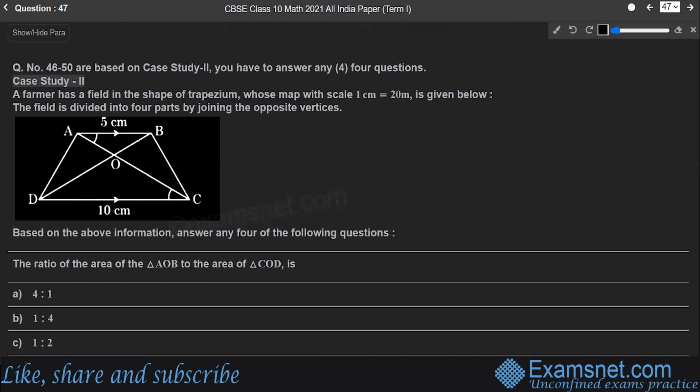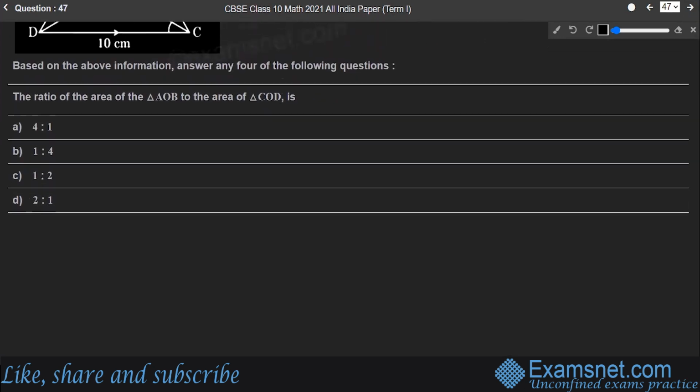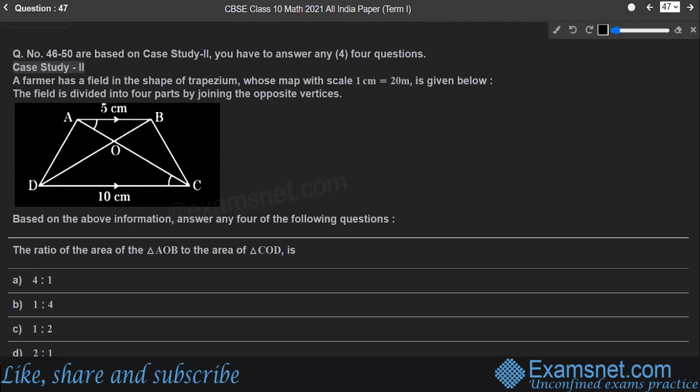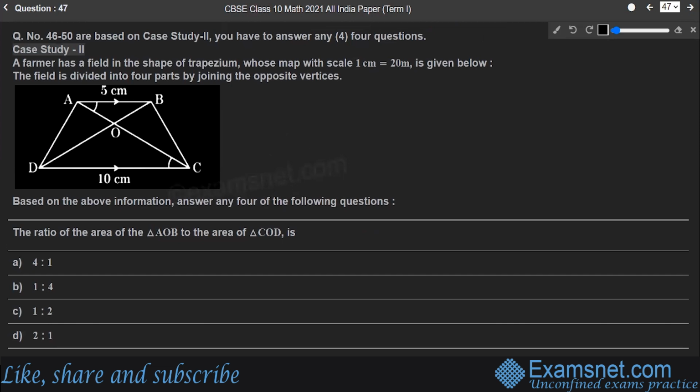Next, the same figure, the same shape, continues. We are supposed to find the ratio of the area of triangle AOB to the area of triangle COD. We have a theorem that area of triangle AOB divided by area of triangle COD will be equal to the square of the corresponding side ratio.